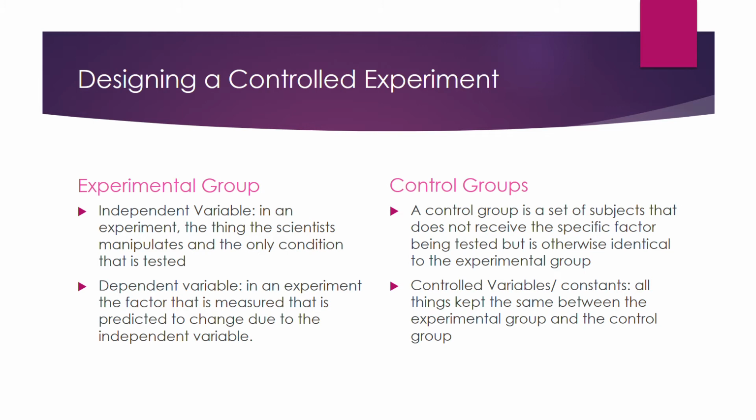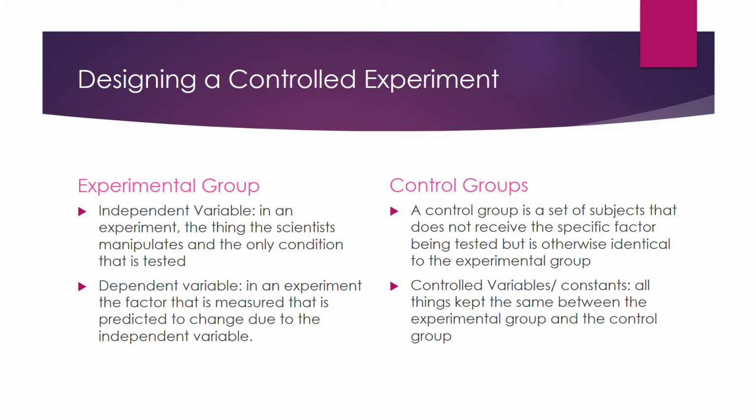Both the factor that's manipulated and the factor that's subsequently measured are what we would call experimental variables. So the independent variable is the factor that is manipulated in the experiment, and the dependent variable is the factor being measured that is predicted to be affected by the independent variable.